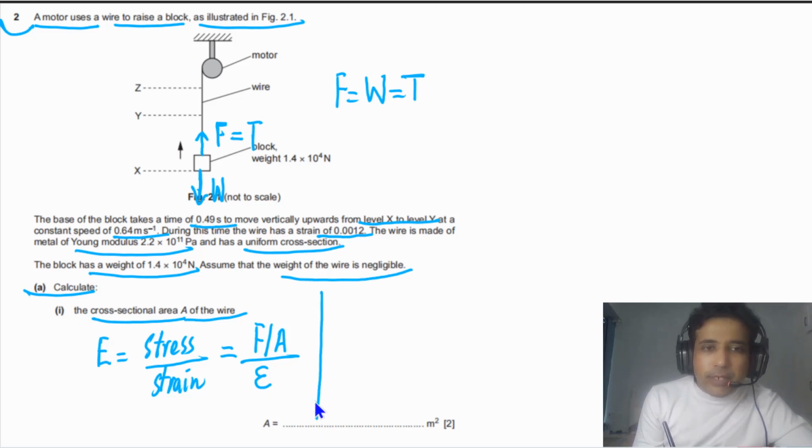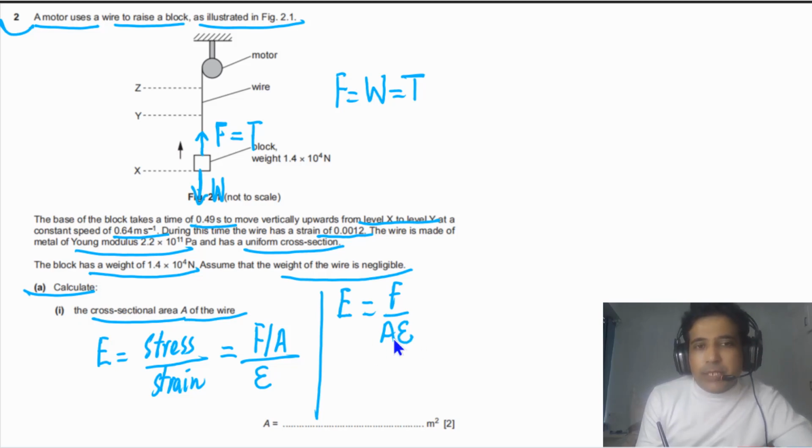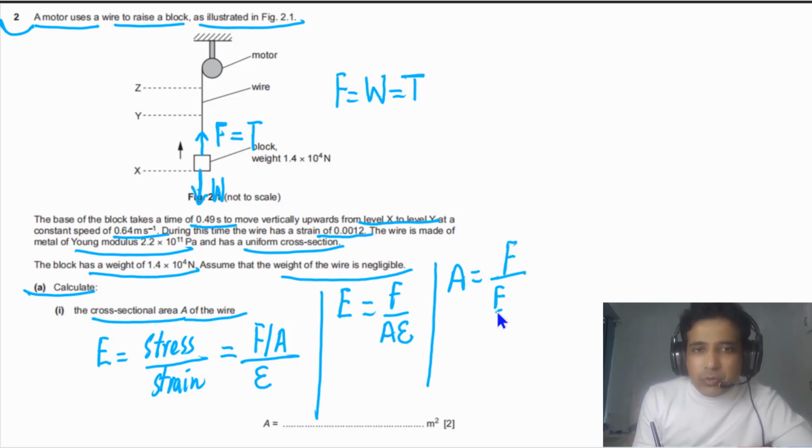For this question, we need to calculate A. So we can rewrite this: Young's modulus is equal to F divided by A times epsilon. And we need to calculate A, so we can make A the subject. A will be equal to F divided by Young's modulus times strain.